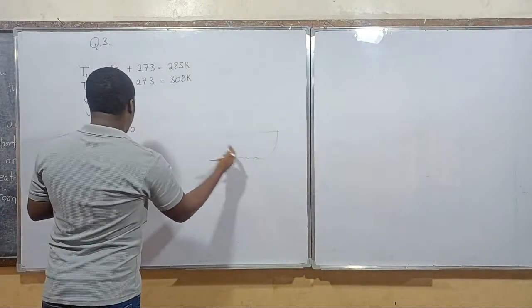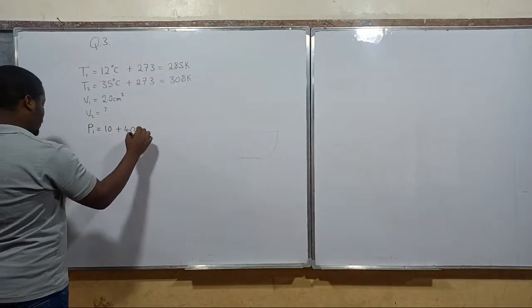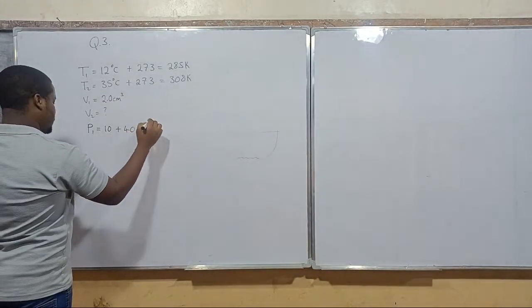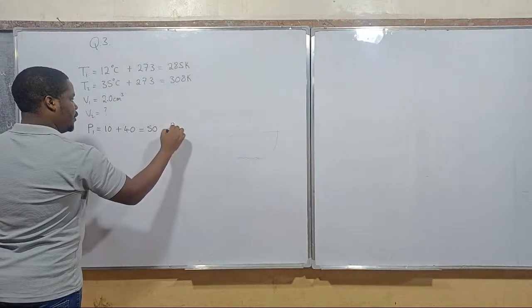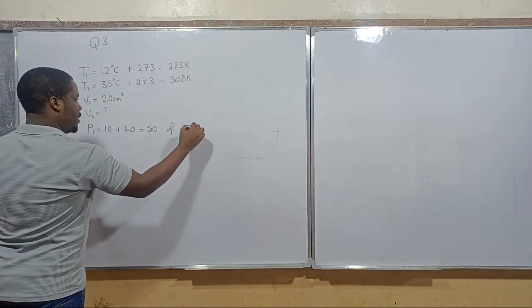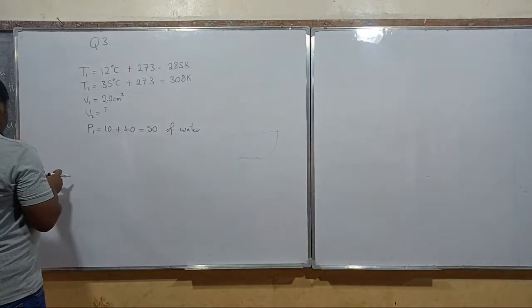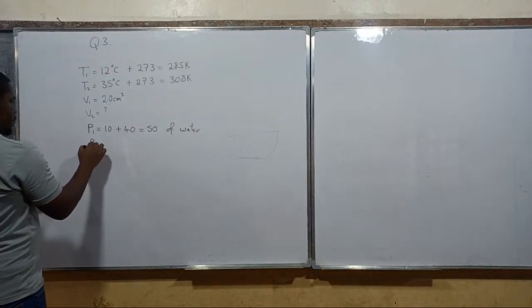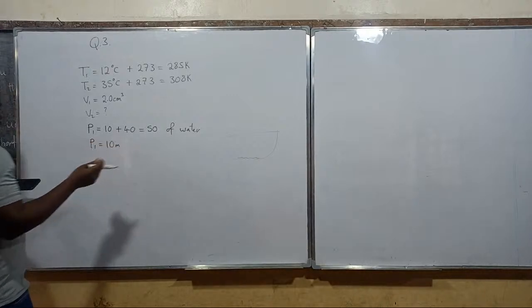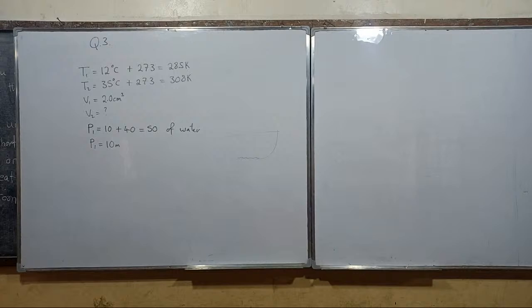So the depth at the bottom plus the atmospheric pressure, hence we'll have 50 meters of water. So remember, P2, we said, is 10 meters, that's what we said. So now, with this information, we can go ahead and calculate the volume.